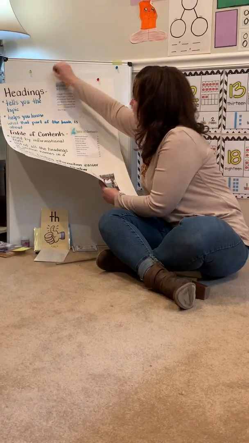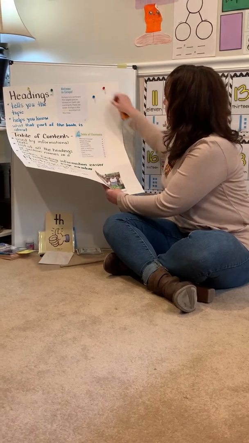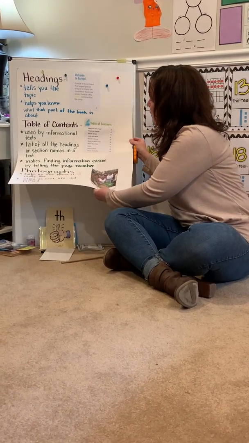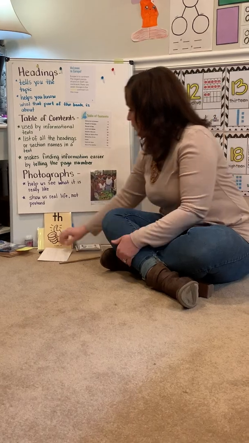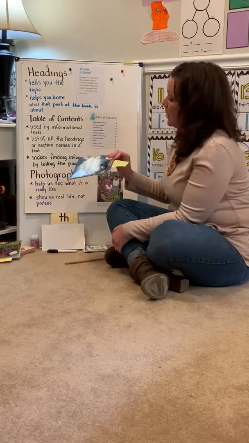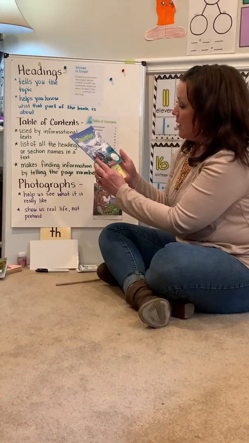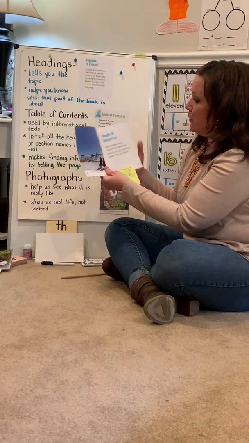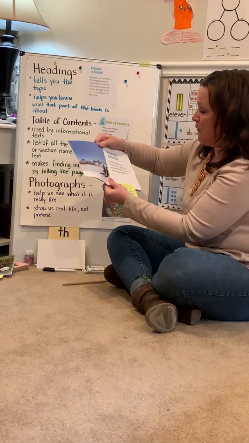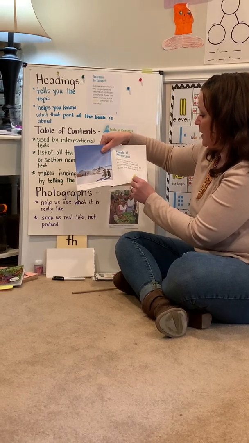Today we're going to jump into our Antarctica book, but we're going to use some text features today to help us as we explore in our text Antarctica. I'm going to turn right to page number 5, where we see the heading, People of Antarctica.